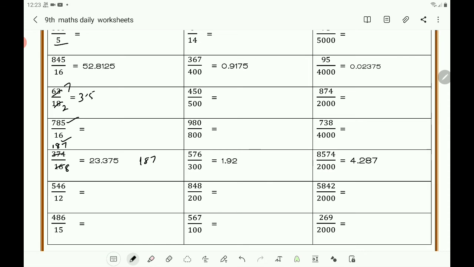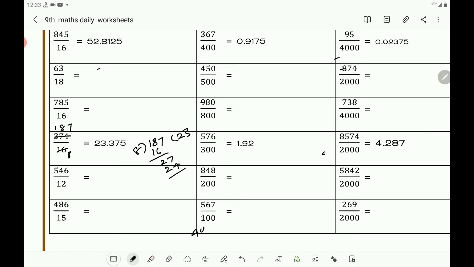Now you divide 187 by 8, 8 2s are 16, 2 is remaining, 2 7, 8 3 is 24, 3 is remaining, take 0 and put point, 8 3s are 24, 6 is remaining, take 0, 8 7s are 56, 4 is remaining, take 0 and 8 5s are 40, you will get 0. So that is 23.375. 23.375. In this way, simplify and then divide.